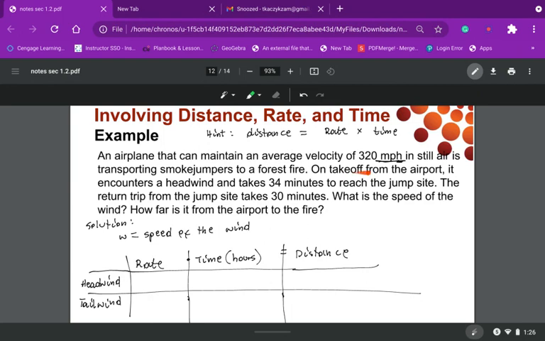Now, on takeoff from the airport, it encounters headwind, and headwind means we are flying against the wind.